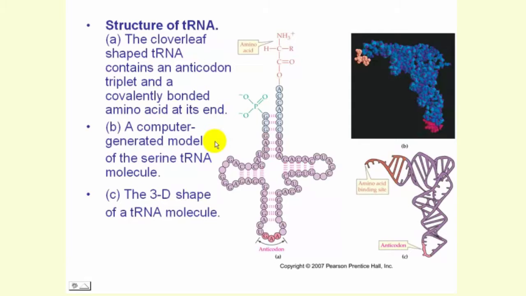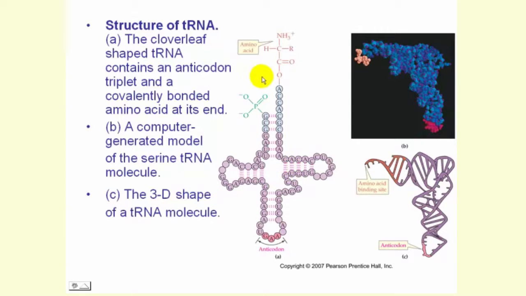Every cell contains 20 or more different transfer RNAs, each designed to carry a specific amino acid, even though they're all similar in overall structure. We can see it's a single polynucleotide chain. It has kind of a partial helical structure that looks like the cloverleaf.